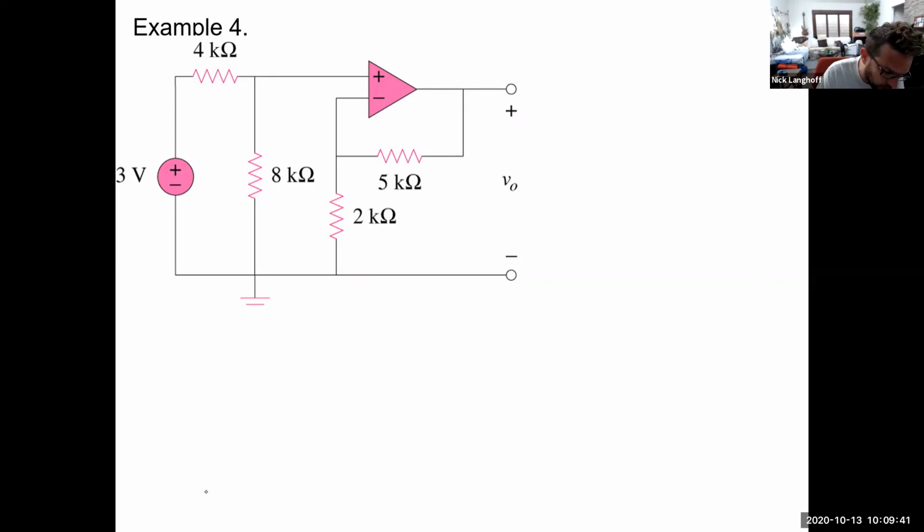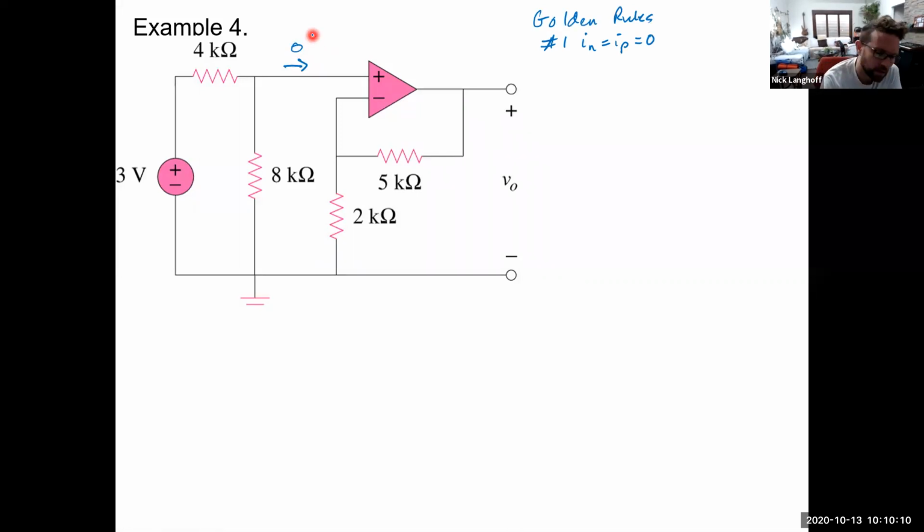But let's start off by thinking about the golden rules for a second here. Before we go through and start to analyze, rule number 1 says that the input currents are 0. That actually helps us out quite a bit, because that says there's no current through here, 0 amps going this way.